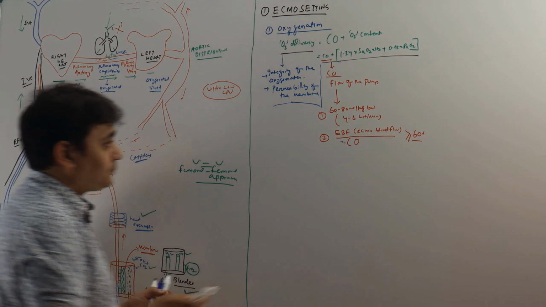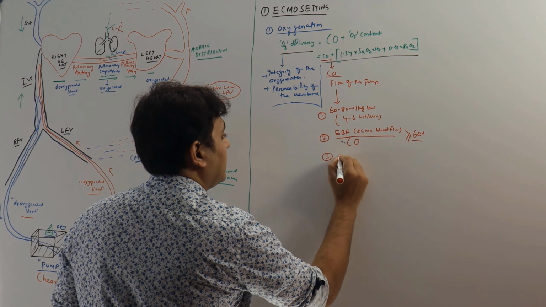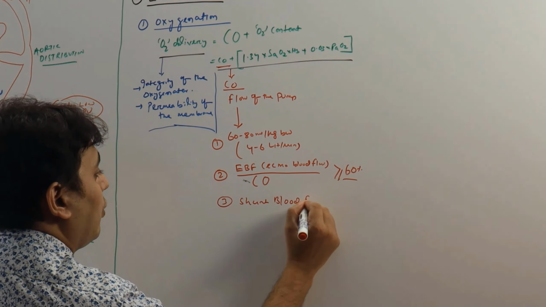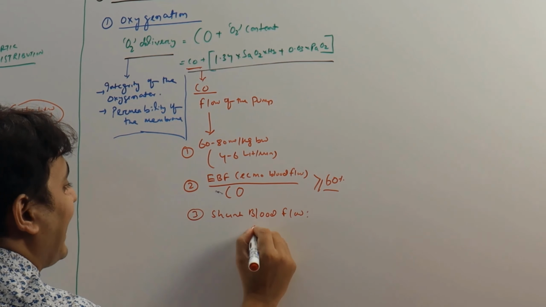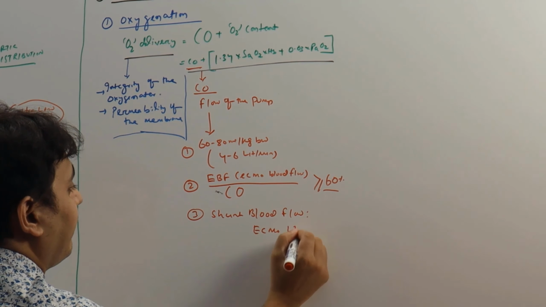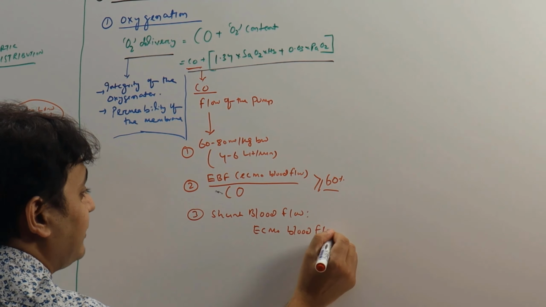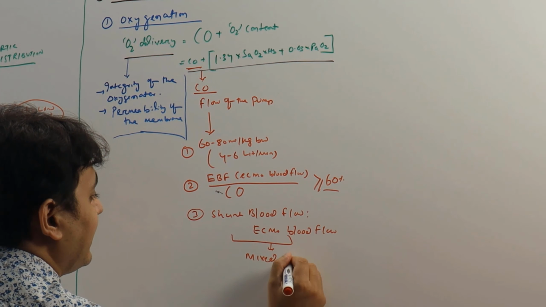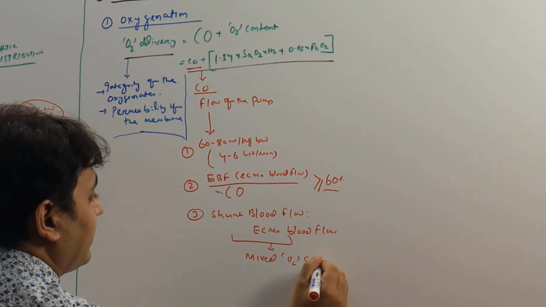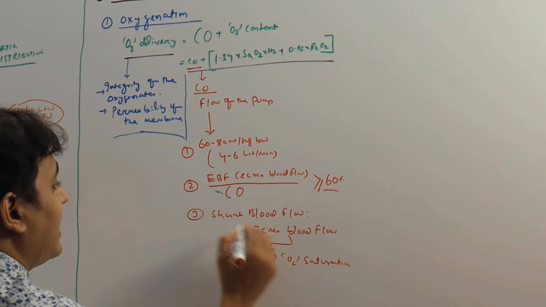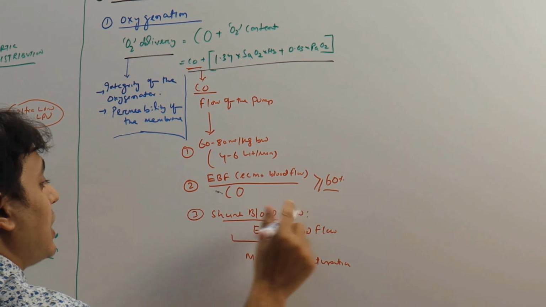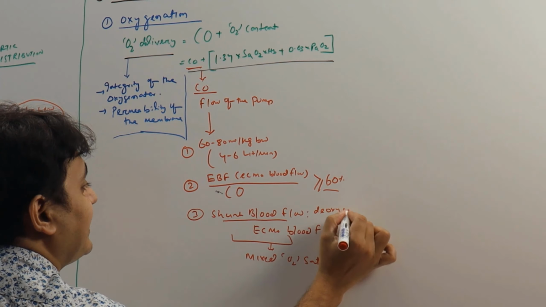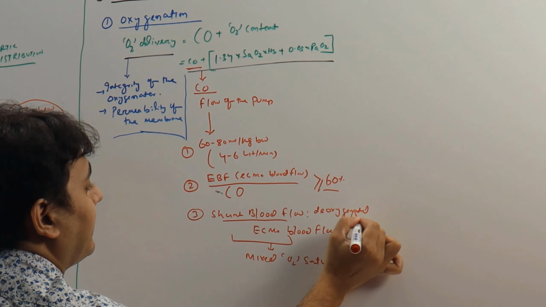So this is called the shunt blood flow to ECMO blood flow, and this will produce a mixed oxygen saturation, because the shunt blood flow which is going through the diseased lung will produce deoxygenated blood, right?